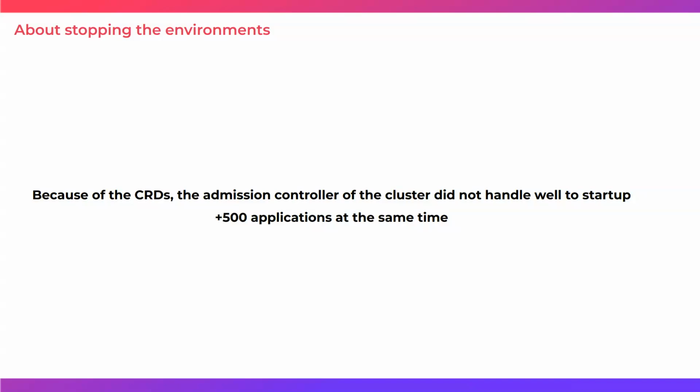So what we had to do was to redeploy everything again because of the startup mechanism. So we decided to stop stopping the environment at night, which increased the expected costs of those environments.